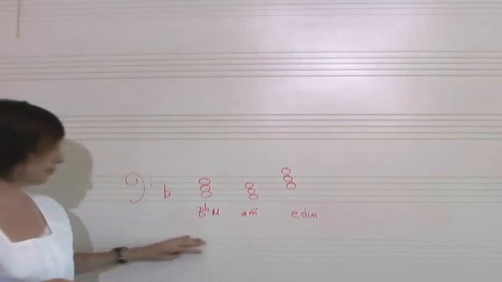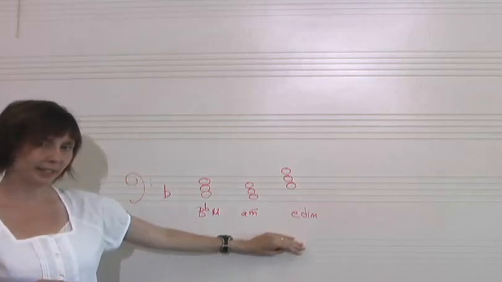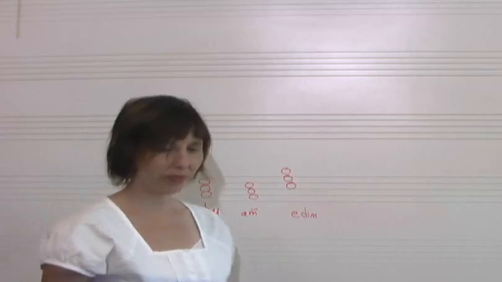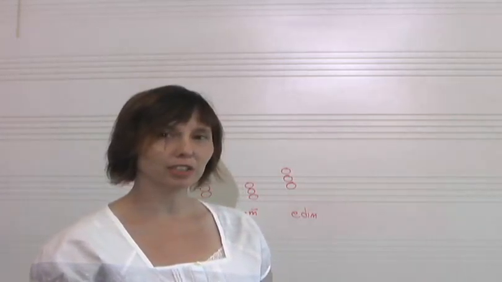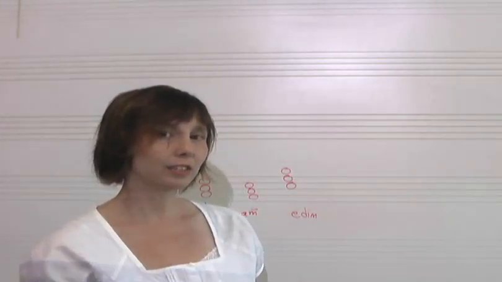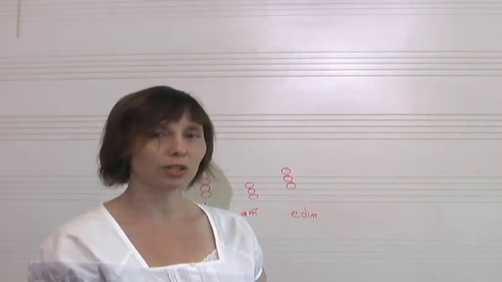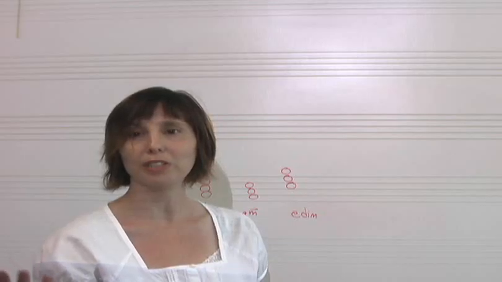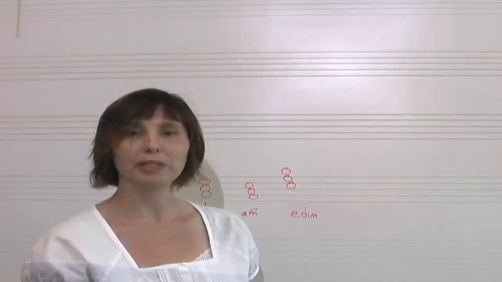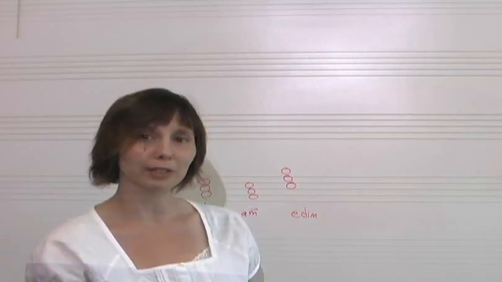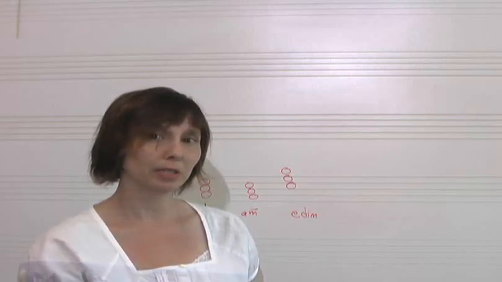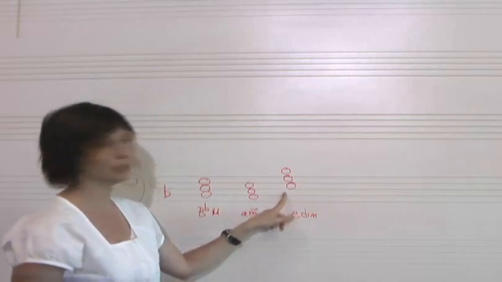Now actually, in a key, as you may remember, or you can see if you go back to the chapter that covered scale degree names, in every major key, certain chords built on certain notes are always major, and chords built on other scale degrees are always minor. And there's one that's always diminished, and that's the 7th scale degree.